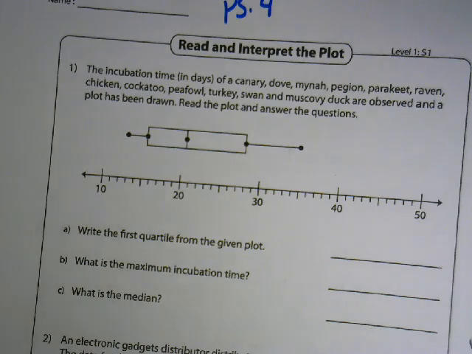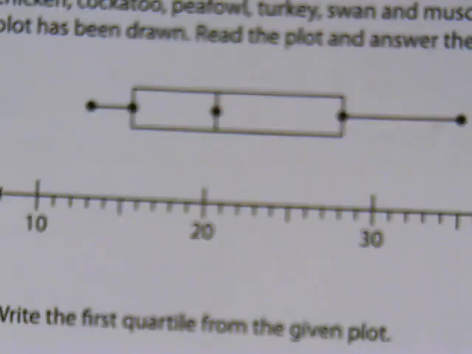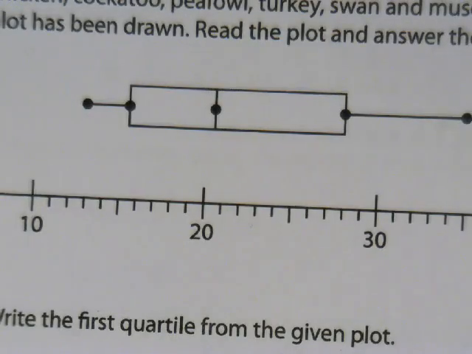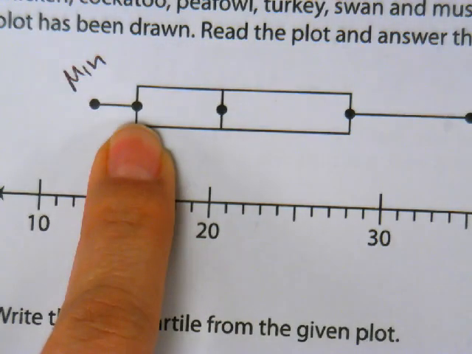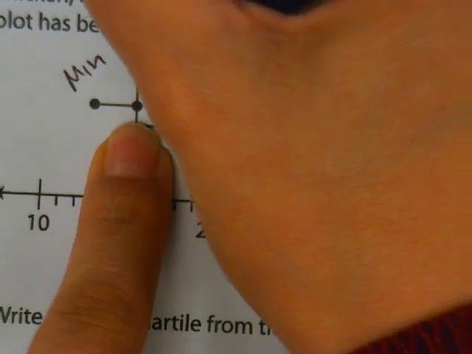So Alana, we're not answering the questions just yet. What I want to know is, what does the first dot mean? Minimum. What does the second dot mean? First quartile or lower quartile?